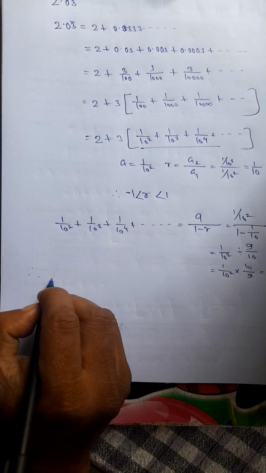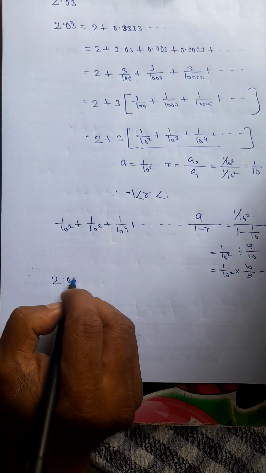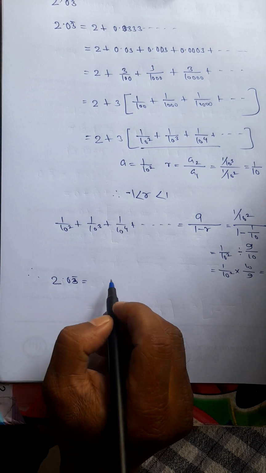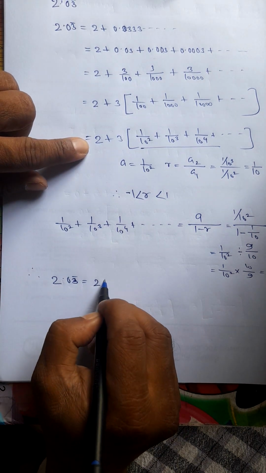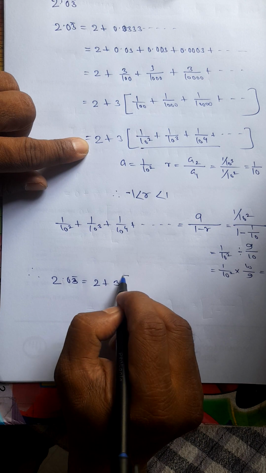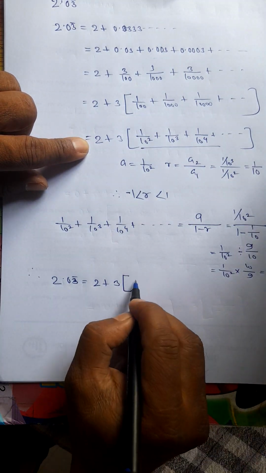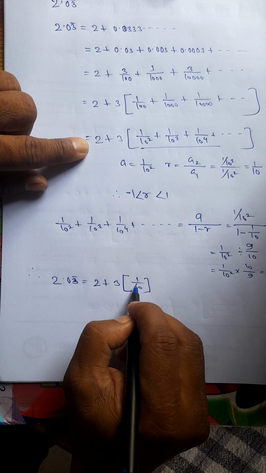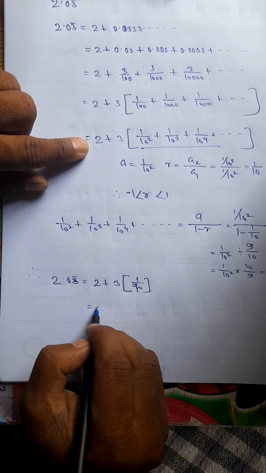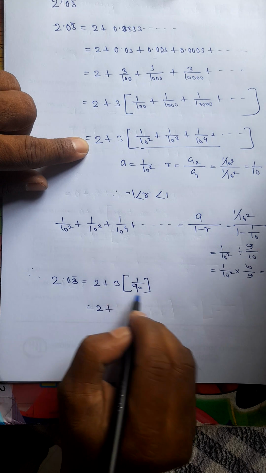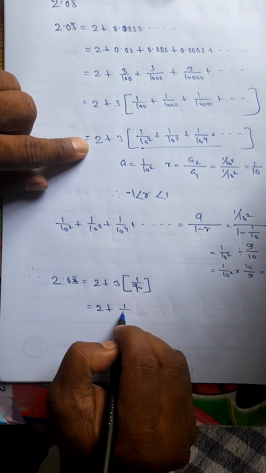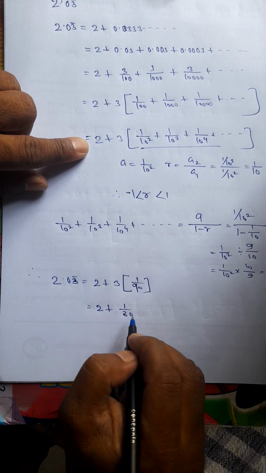Therefore 2.03 recurring equal to, so we will get 2 plus 3 multiplied by this series, 1 by 90. So it is 2 plus 3 by 90 means 1 by 30.